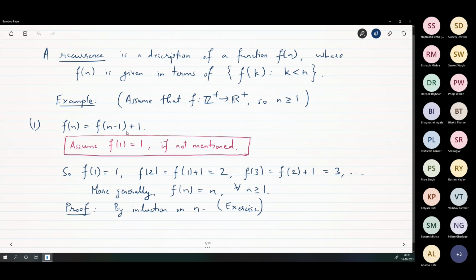I'm leaving this as a simple exercise. Just write it down, you will be finished with it in 30 seconds or something. So finding the first few values will give you an idea, hopefully, of what the formula should be, and once you get that, you can prove it by induction.